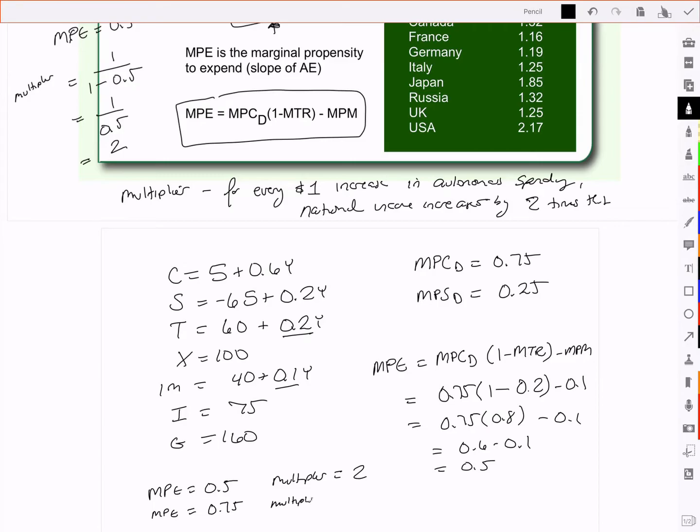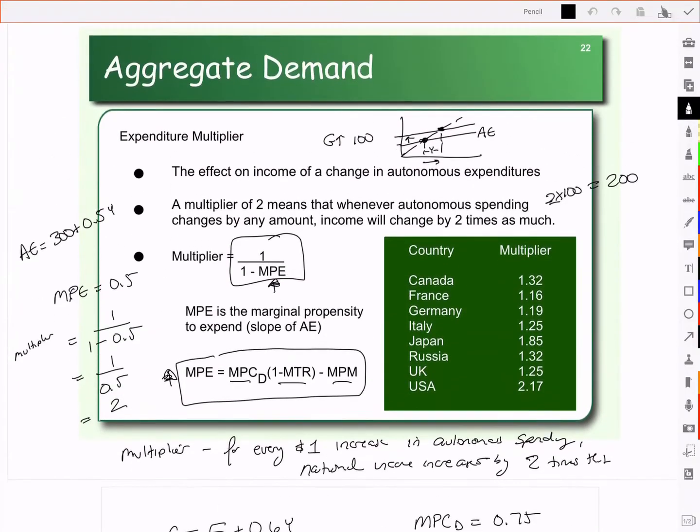Then the multiplier is 1 over 1 minus 0.75, which is 1 over 0.25. 1 divided by 0.25, we get 4. So the bigger the MPE, the bigger the multiplier. What would cause a country to have a bigger multiplier? To have a bigger multiplier, it must have a bigger MPE, which takes us back to the formula for how you calculate MPE.